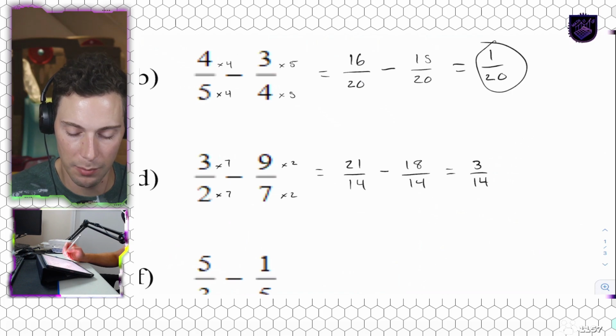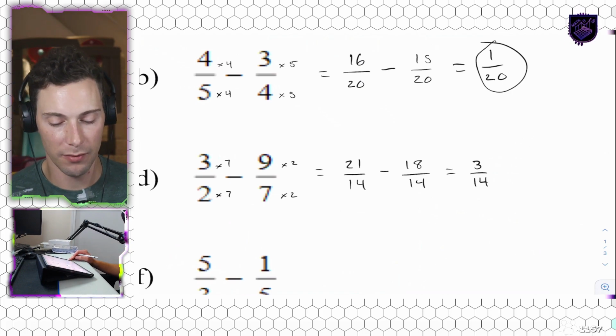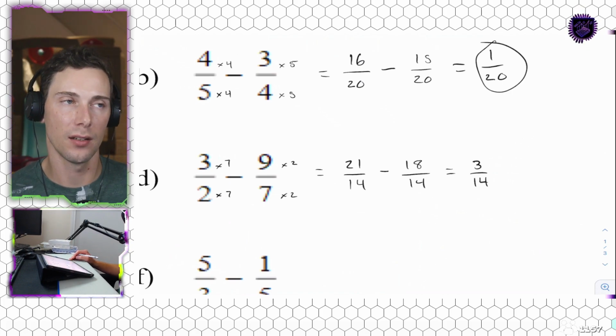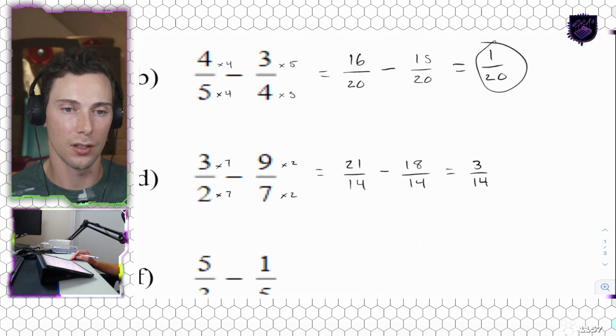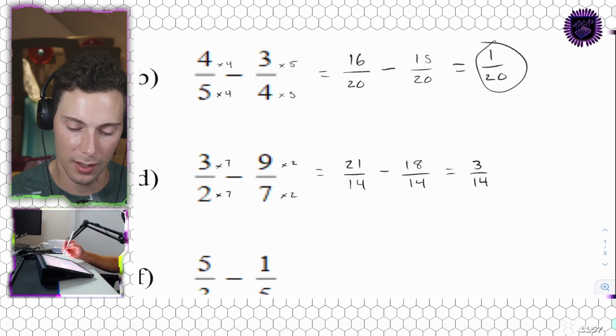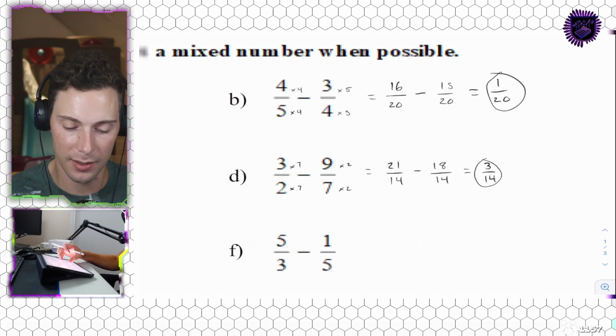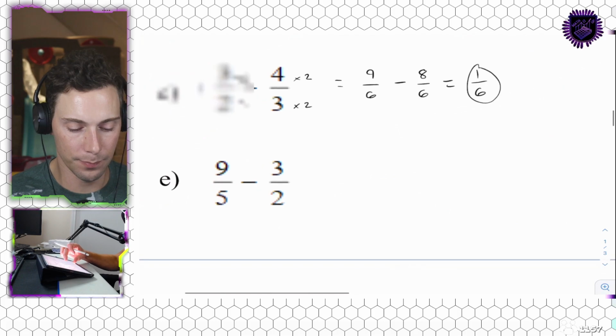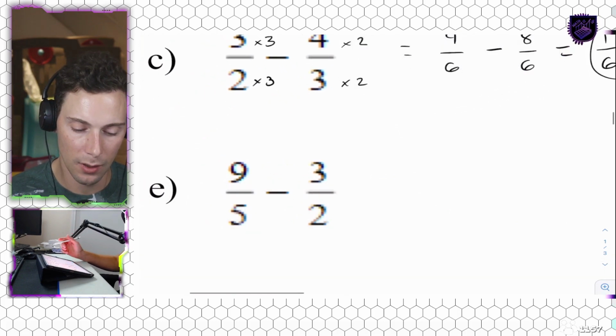Do we need to simplify that? 3 and 14 do not have a common factor that is greater than 1. So that is our answer. That is as simplified as it gets.